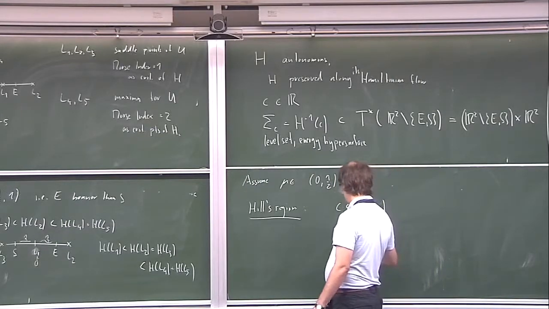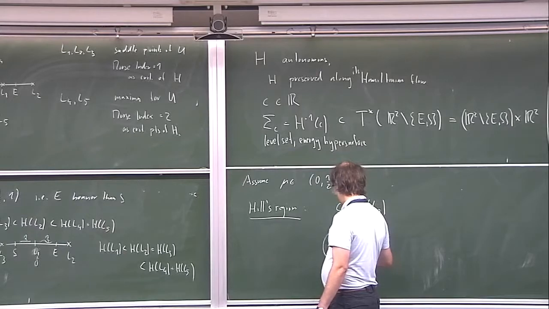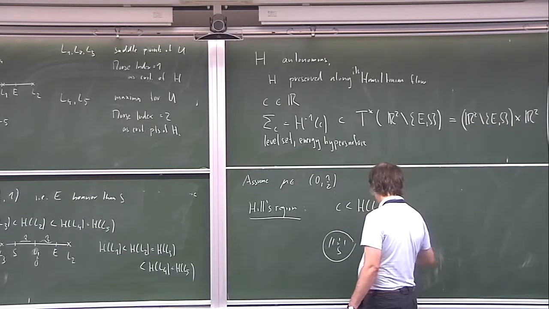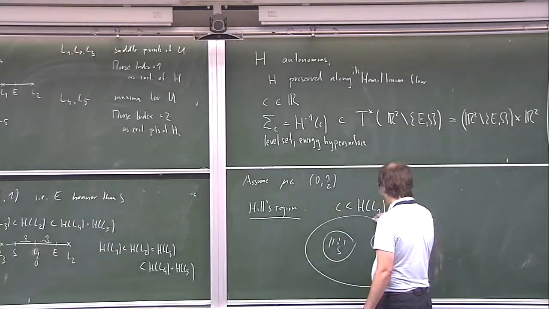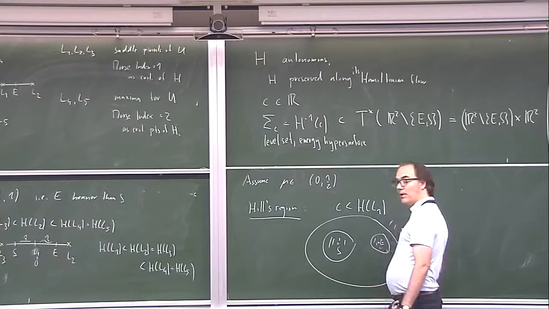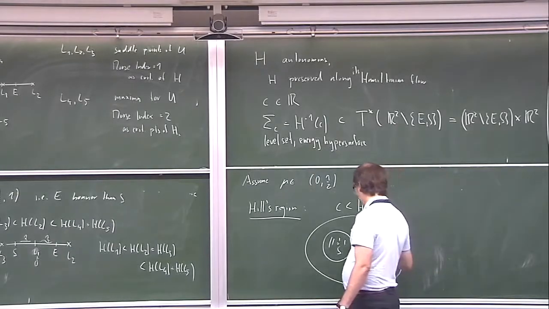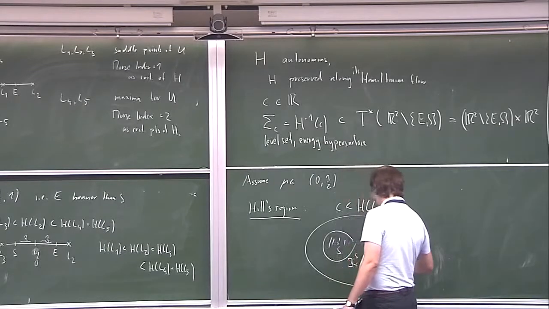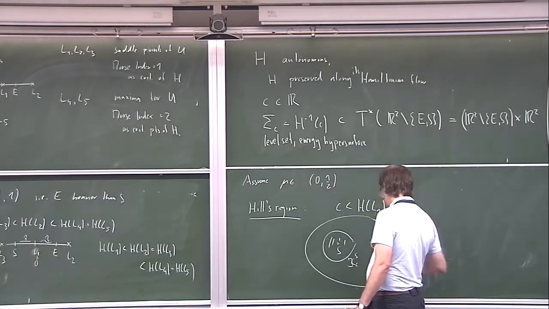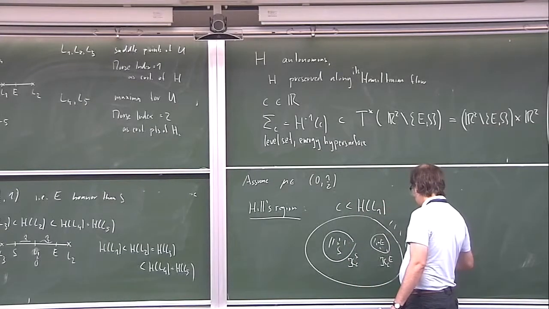We have one component around the Sun, one component around the Earth, and one unbounded component. Let's call these K_C^S, K_C^E, and K_C unbounded.